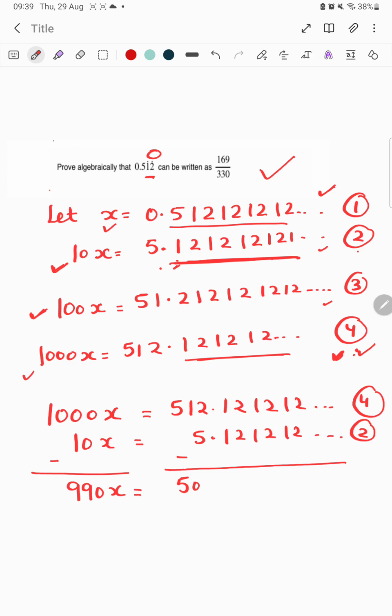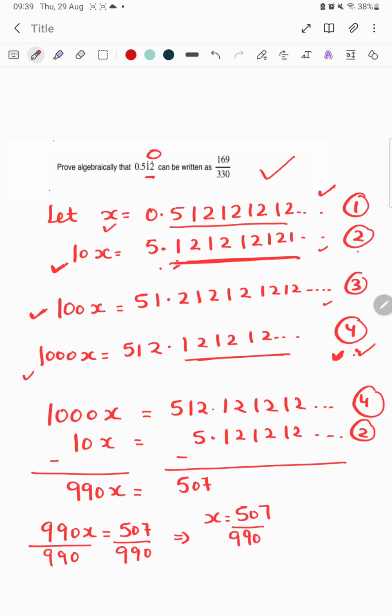Now I have 990x is equal to 507. I divide both sides by 990, so x is equal to 507 over 990.